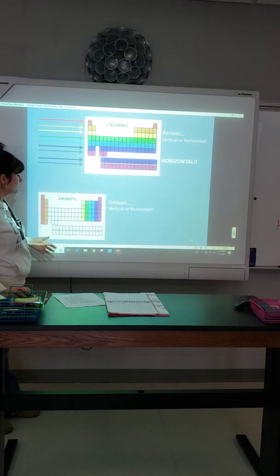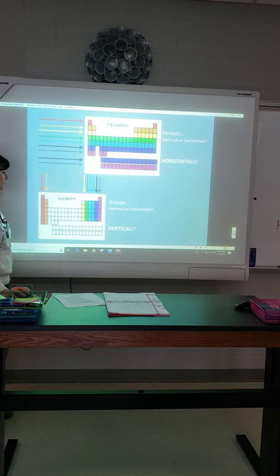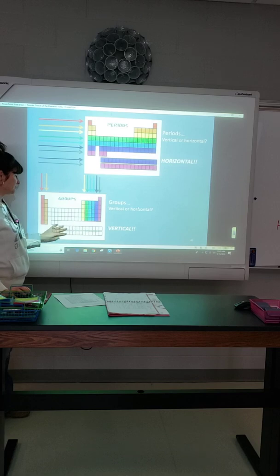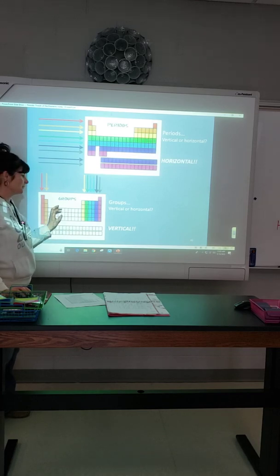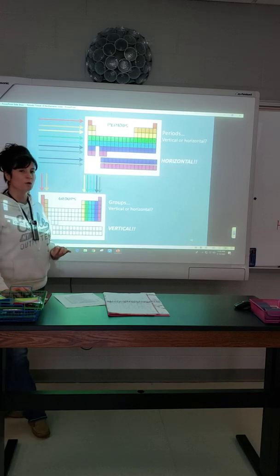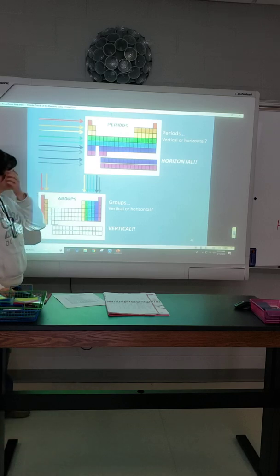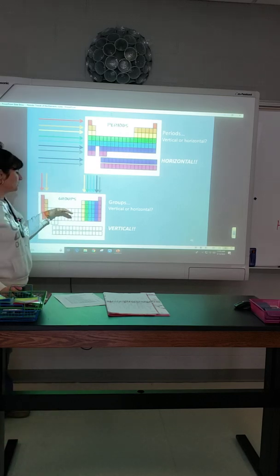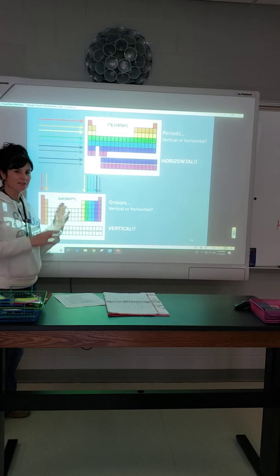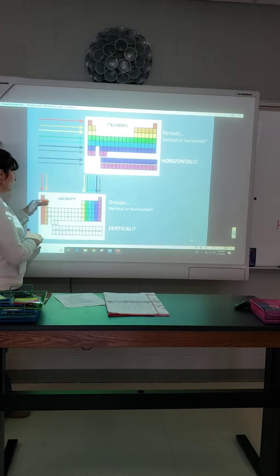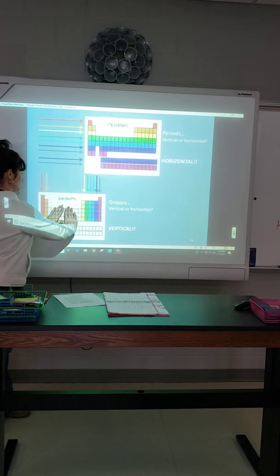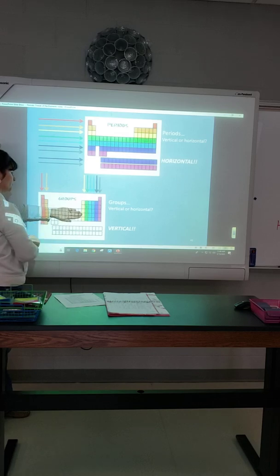Okay, so then obviously our groups are going to be our vertical columns. And again, color coded. Now notice, you skip all this stuff in white. The reason you're skipping these is that they're called transition metals. They are not predictable in the number of electrons that they will give away. All right, so because they're not predictable, we have to leave them in their own category, but all of these tall columns, so these are the short ones, they're not predictable.